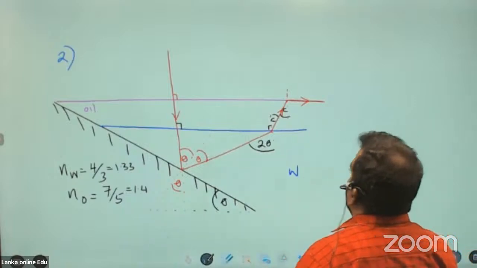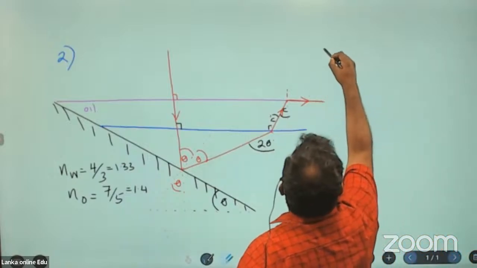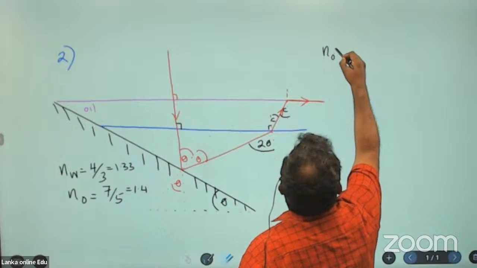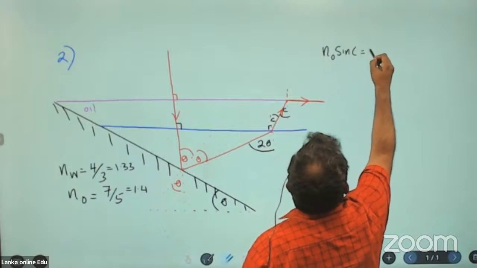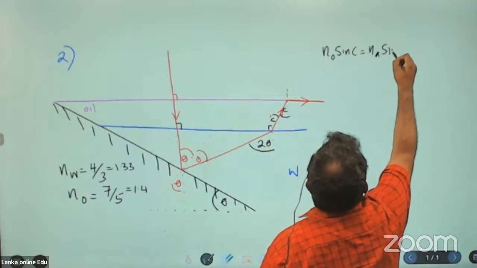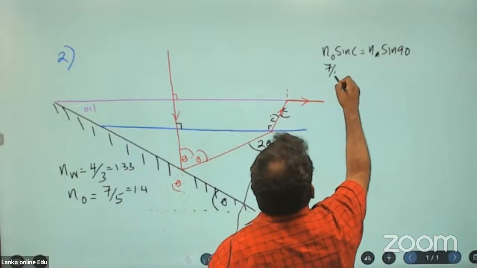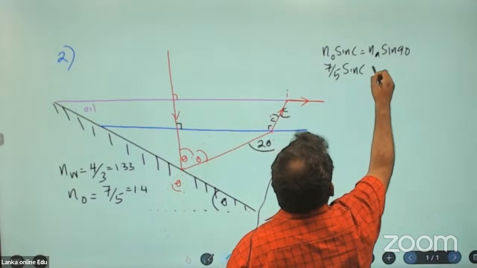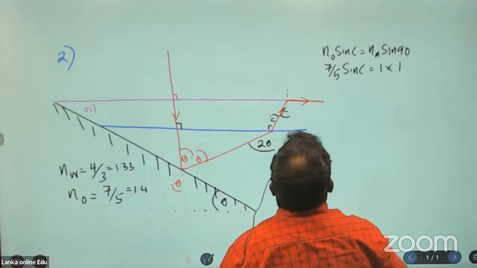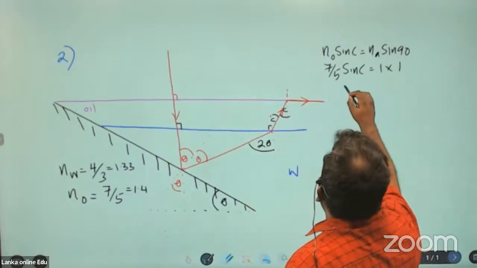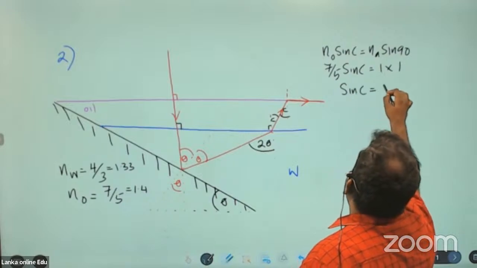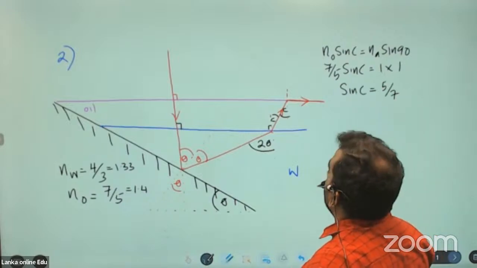So how will you find it here? You can easily say refractive index of oil sin C equals refractive index of air sin 90. For oil you have 7 over 5 sin C equals sin 90. Sin C is equal to 5 divided by 7.